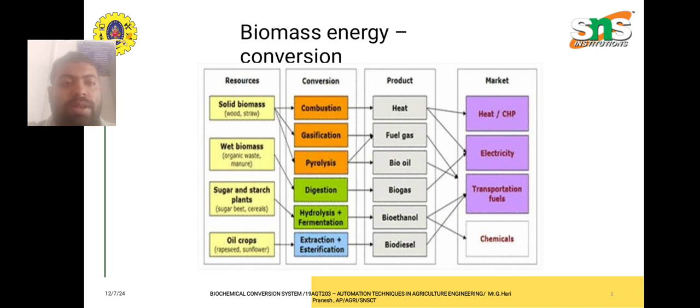The product obtained is biodiesel. Biodiesel and bioethanol can both be used as transportation fuels. However, bioethanol can also be used as a chemical. These are some of the market products obtained from these resources.